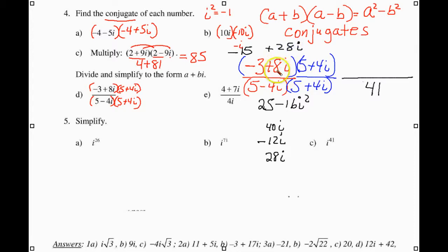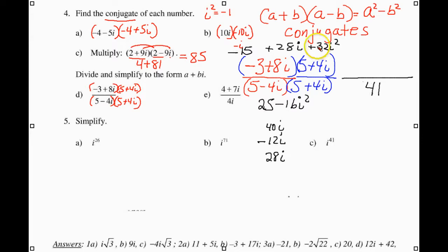Now for my last term, I get an 8i times 4i is a positive 32i squared, multiplying this times this. But i squared is a negative 1. So what am I going to get here?